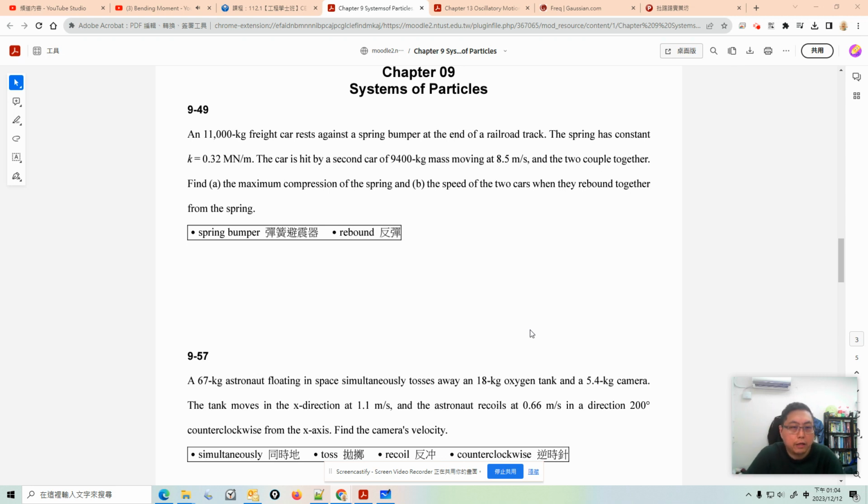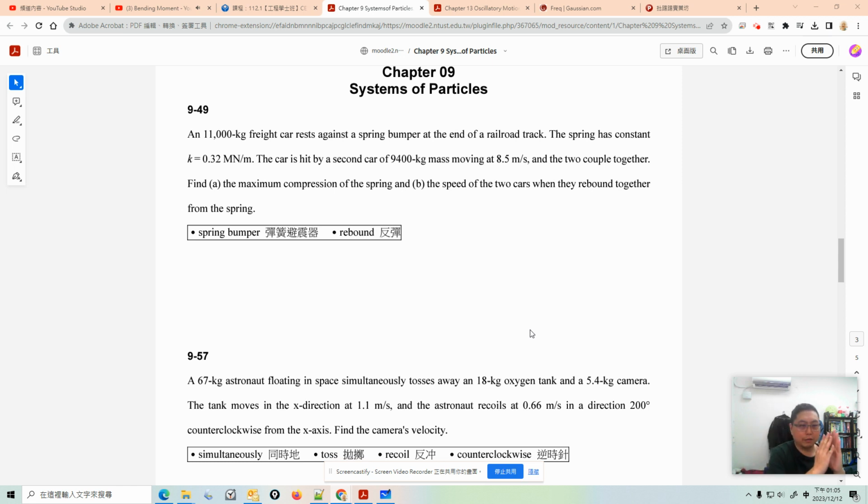It says to find the maximum compression of the spring, and the speed of these two cars when they rebound together from the spring. So initially there's a car at rest, and the other car is moving and hits it, and then they move together and don't split. But after some period of time, because there's a spring, they will rebound.